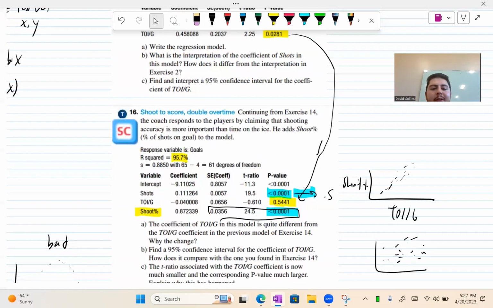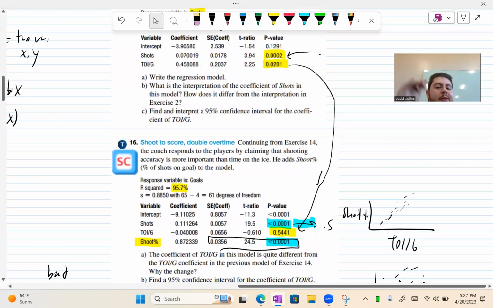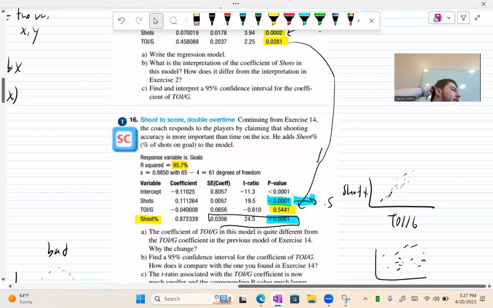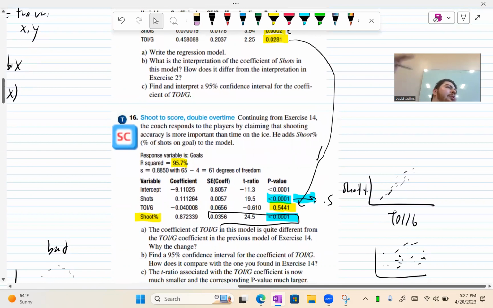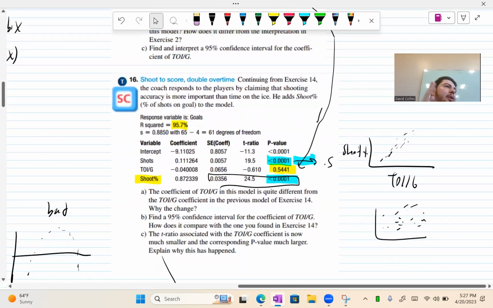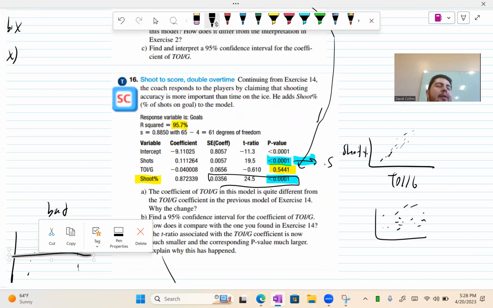Is 0.028 always significant? No. But let's just assume it is for the sake of the question, like alpha is 0.05. These ones down here are so small you're always gonna reject. But in general, yes, you would want a significance level.